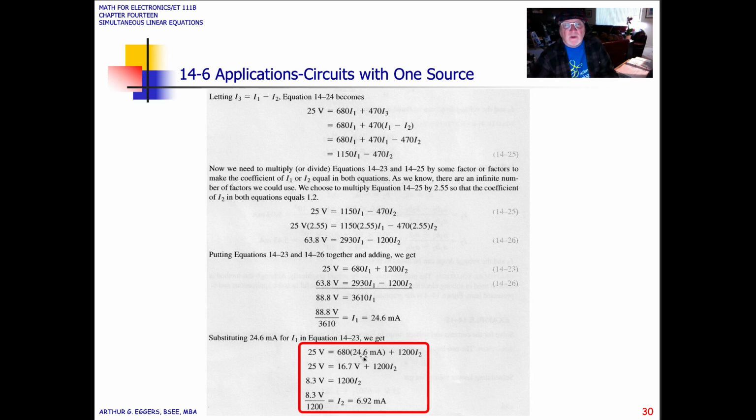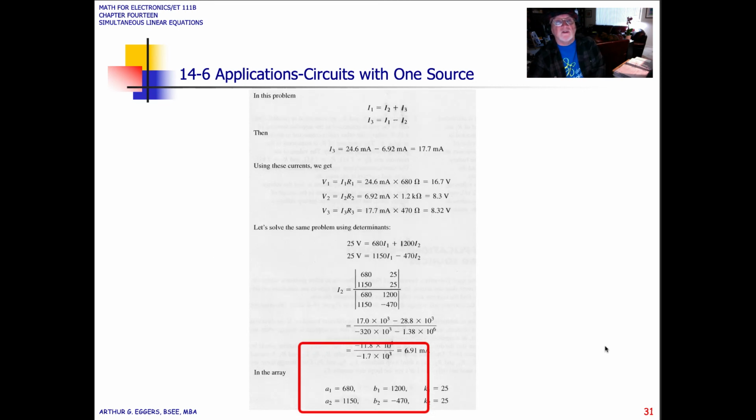Plug that value of 24.6. Now we have the expression set up so that all we have left for an unknown is current 2. So gathering our terms, moving them to the left and right as required, we end up with 8.3 volts divided by 1200, just by moving this over, is equal to current 2, or 6.92.